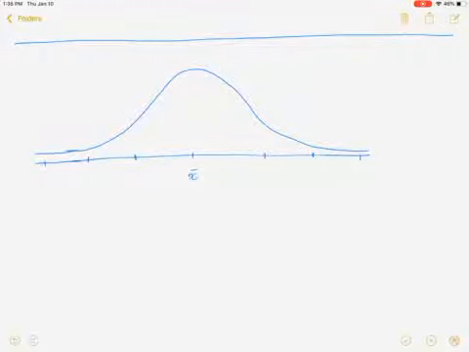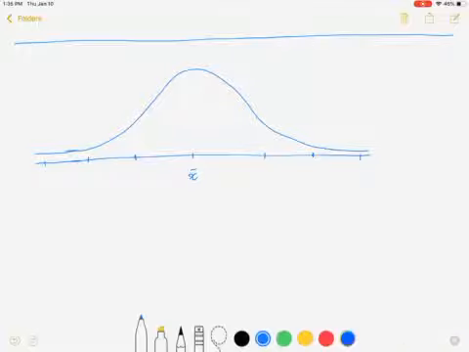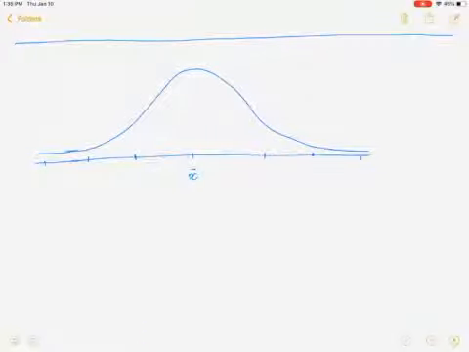So this is my mean, this is 1 standard deviation away, 2 standard deviations away, and 3 standard deviations away. But sometimes if I have data, it may not be so nice as to lie right on top of, for example, the 1 standard deviation mark or the 2 standard deviation mark.